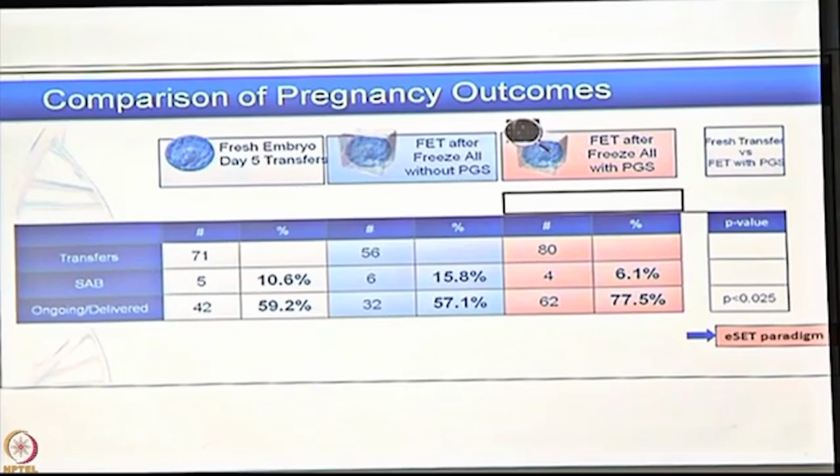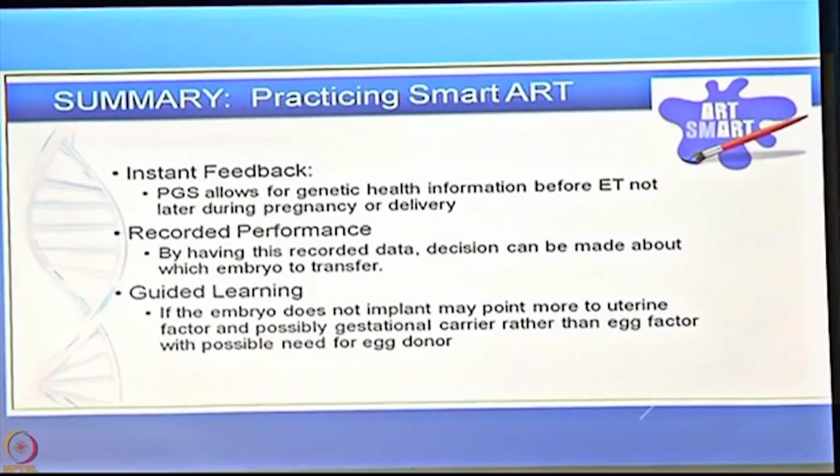If there is a deletion, don't proceed for the IVF. So this is the smart ART, right? Before proceeding for the aneuploidy, just do the PGS, validate that this embryo is good enough, and then go for the IVF cycle, right? Thank you.